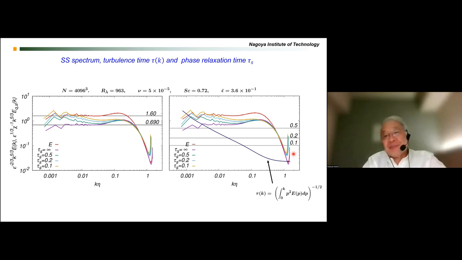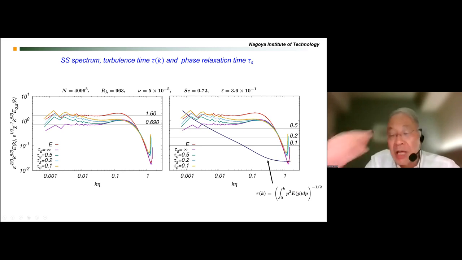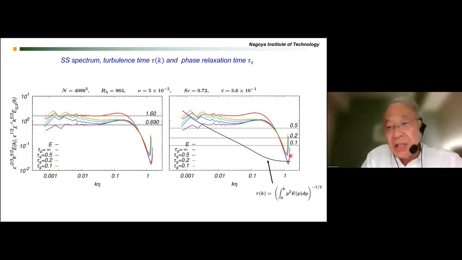I understand, but if we have infinite machine power or infinite resolution, we hope the spectral curves should go this way. For example, if you decrease the Reynolds number, we don't have this kind of pile up of the energy.